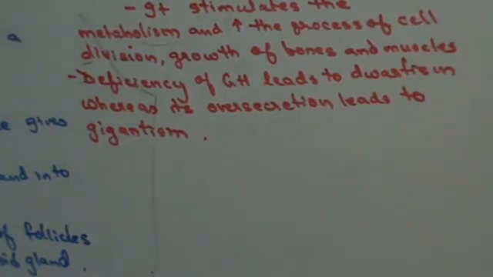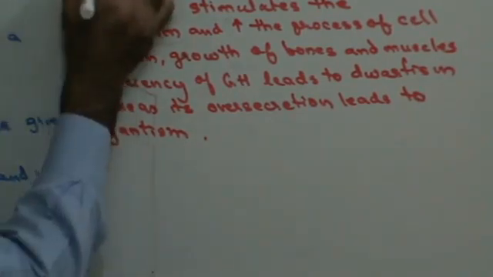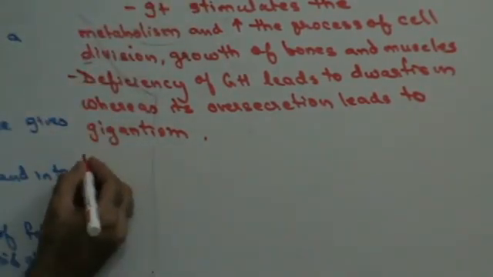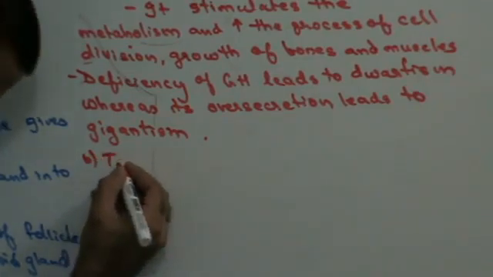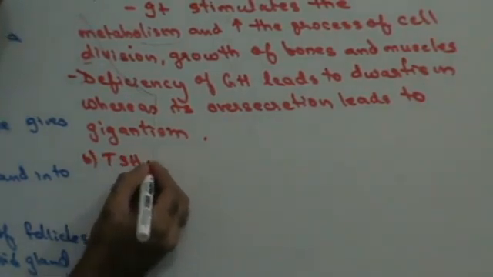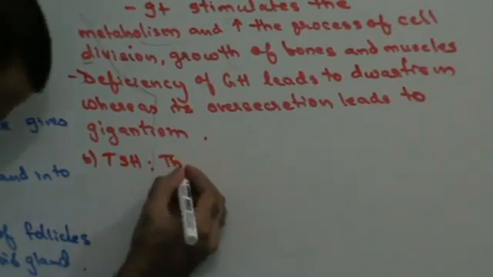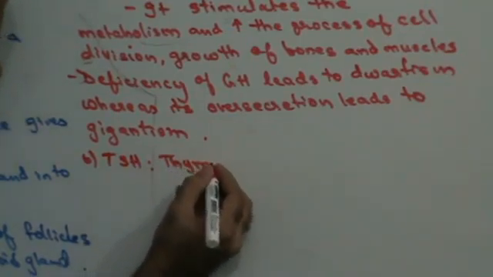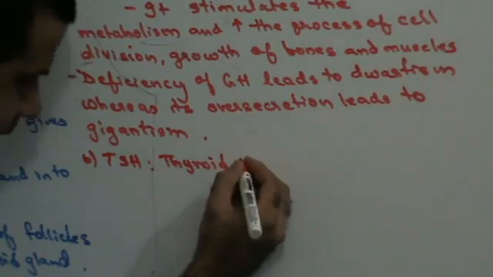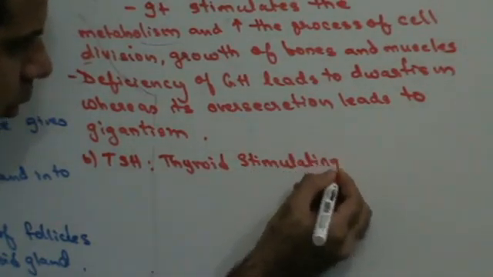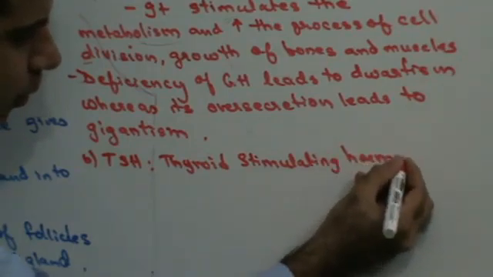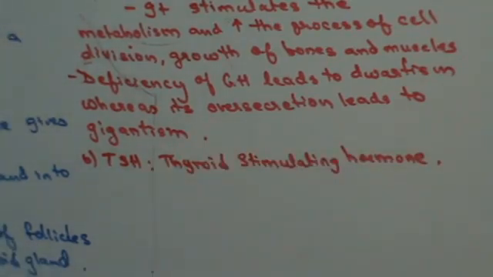The next hormone that is secreted, this is growth hormone, right? The second hormone that is secreted by anterior pituitary is TSH. The full form is thyroid stimulating hormone, right?